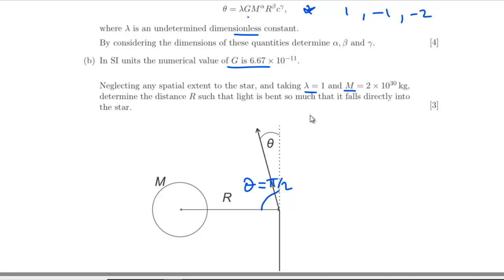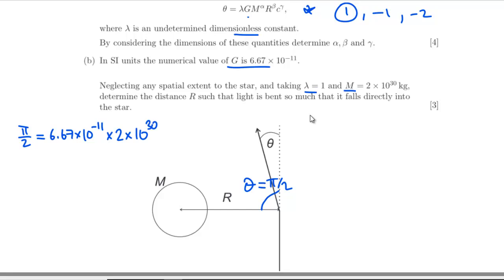So we just have to plug it all in then, don't we? So pi divided by 2 is equal to, well, lambda they've given us as being 1. G is 6.67 times 10 to the minus 11. Mass is just straight mass because alpha is 1, so multiply by 2 times 10 to the 30.